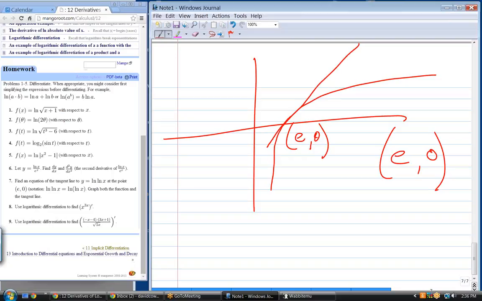There's the graph of both the function. That's y equals natural log of natural log x. And this is the equation y equals 1 over e times x minus e.